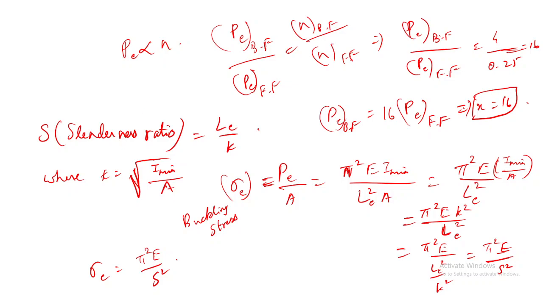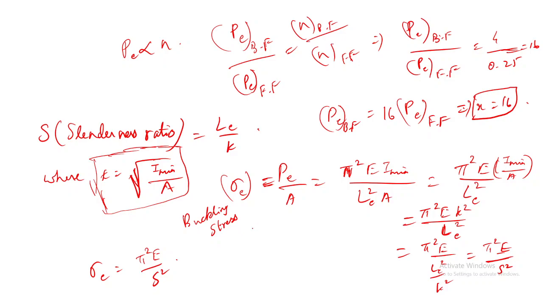That is a constant which we are assuming, based on I minimum, the moment of inertia, divided by the cross-sectional area. If we take the square root, this is a geometric property, which equals K. So K is related to the slenderness ratio.